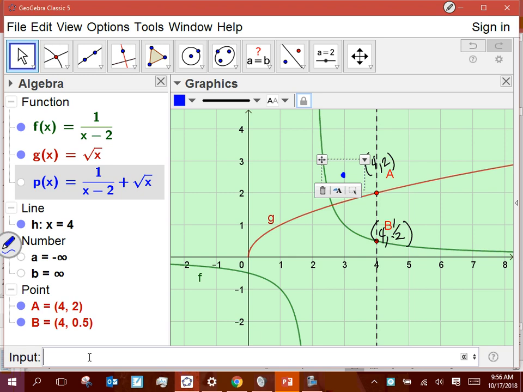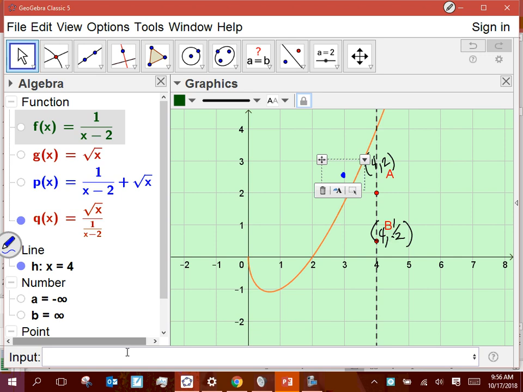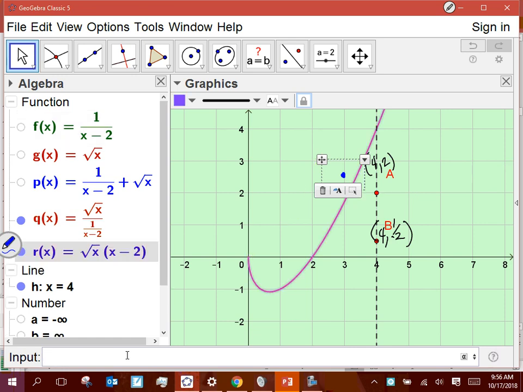If I look at what was it? I think it was G divided by F, so G of X divided by F of X. Okay, now it's not going to evaluate it for me, but let me put that curve on there, and if I put this curve, square root of X times X minus 2, is that the exact same thing?